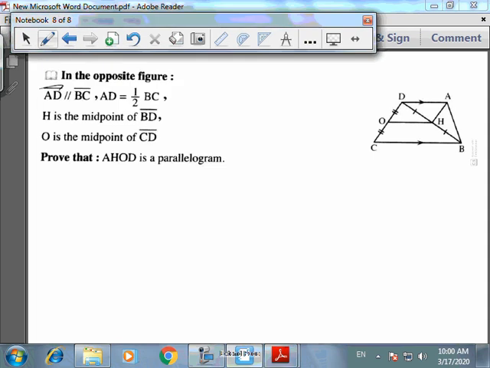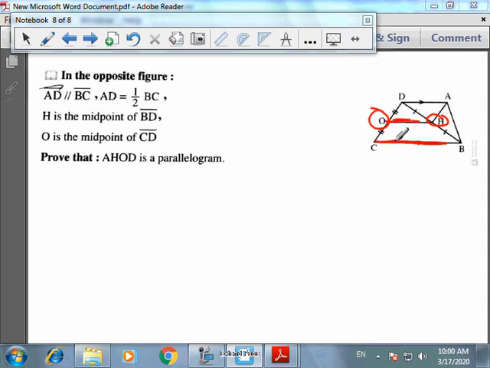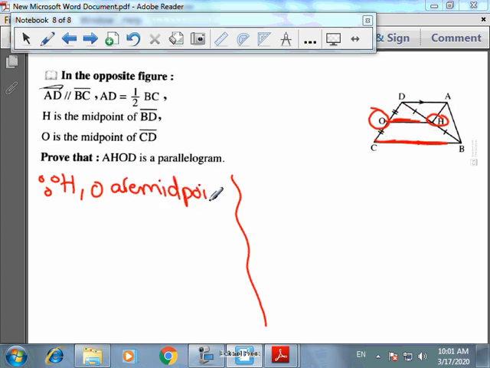So I have O midpoint, H midpoint. So OH parallel to BC and half its length. Let's write this part. Since H and O are midpoints of BD and CD.